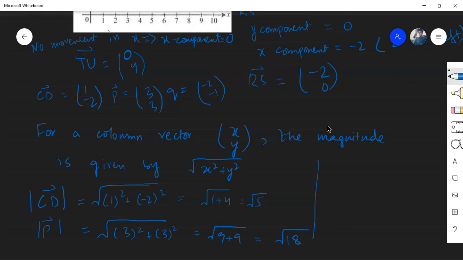Do you get this? Okay, what's the magnitude of Q? The square root of (-2) squared plus (-1) squared.